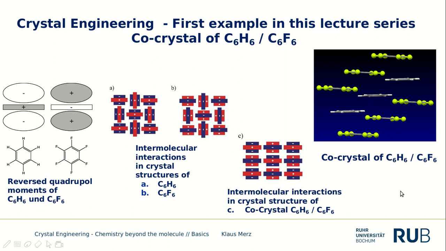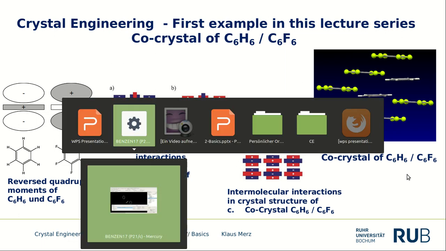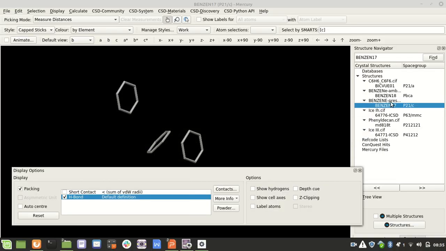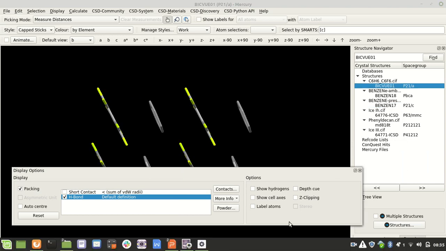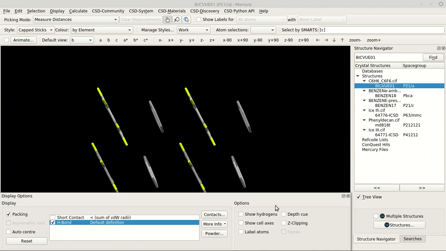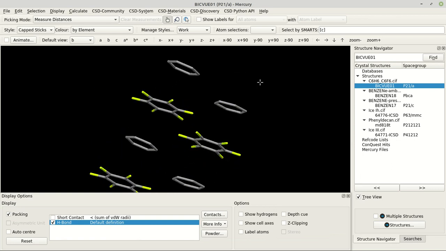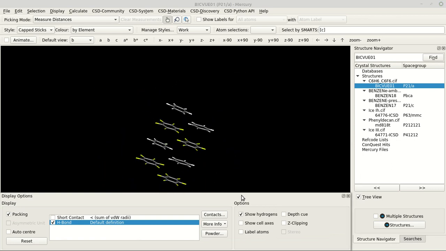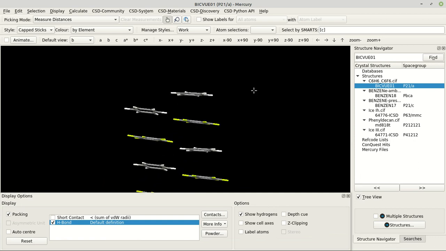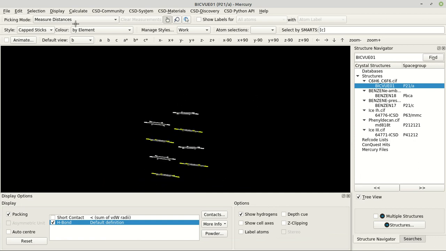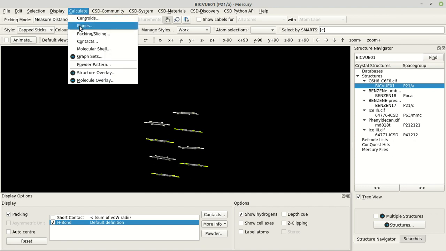This is called a co-crystal of two compounds, in this case benzene and hexafluorobenzene. Here, with hydrogen atoms, very nicely you see the face-to-face orientation of the system.